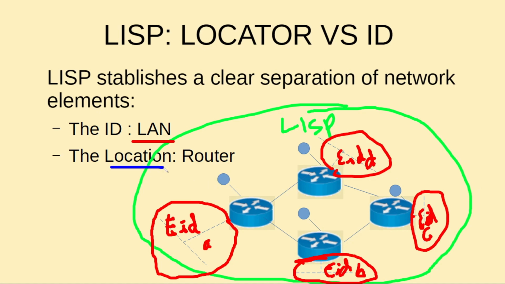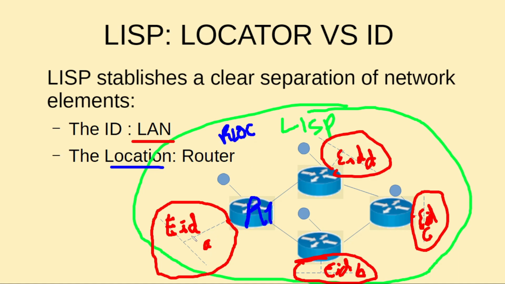Think of the locations, in order to explain this in a simple manner, as the routers that are connecting these EIDs to the LISP domain. So for instance, this router 1 is connecting the EID A to the LISP domain. So more specifically, LISP uses the concept of RLOCs. So the RLOC is going to give me the location of these EIDs.